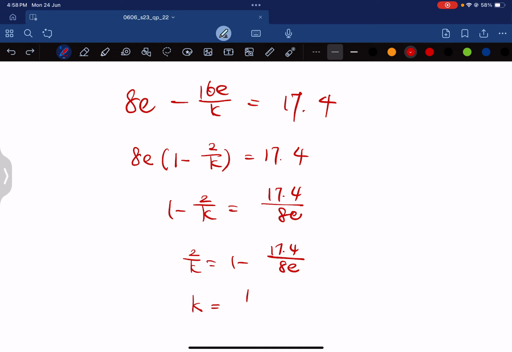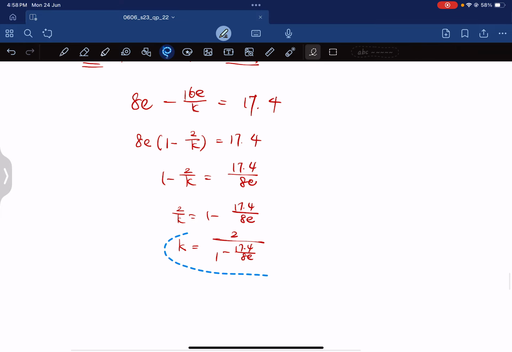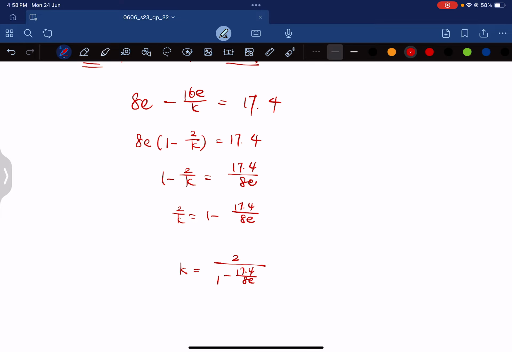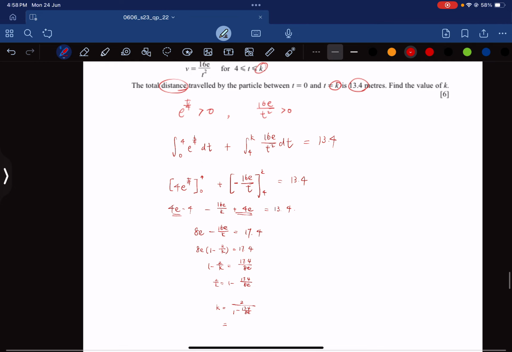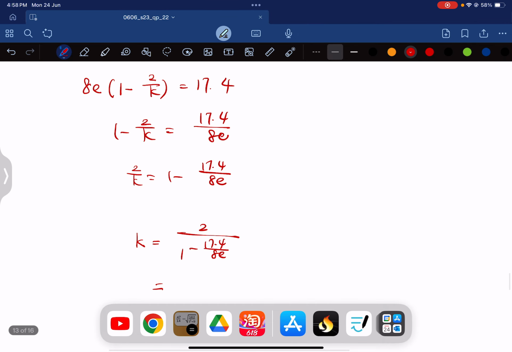1 minus 17.4 divided by 8e divided by... no, it is 2 divided by this thing, right? This is 2 divided by this thing. Okay, and then just use your calculator to find the value of k.